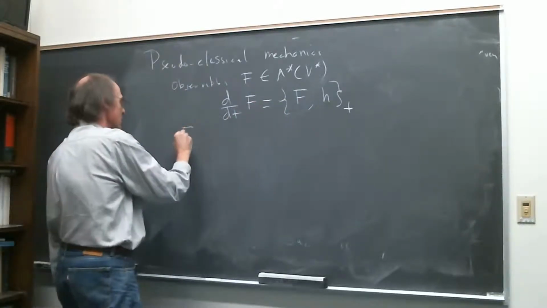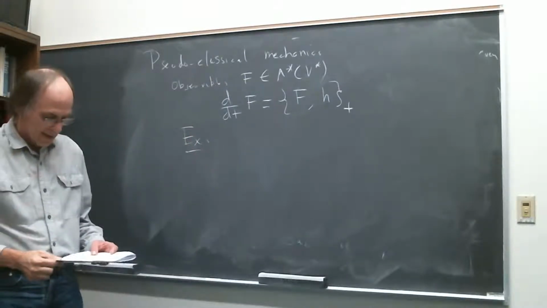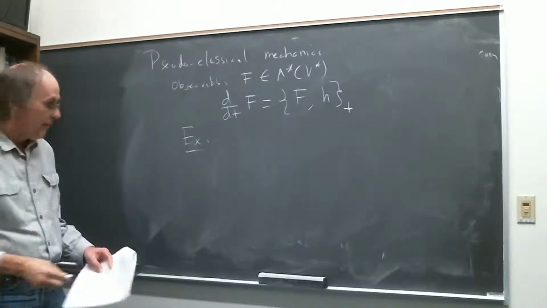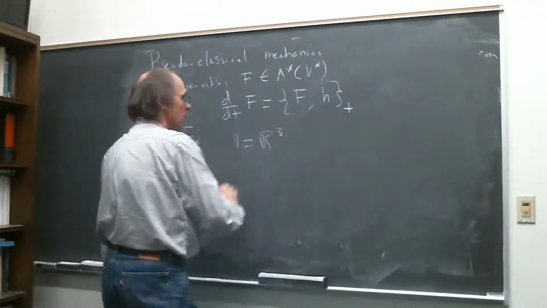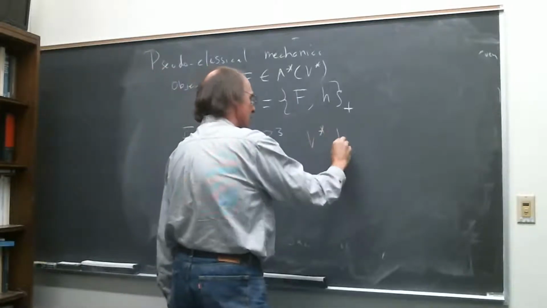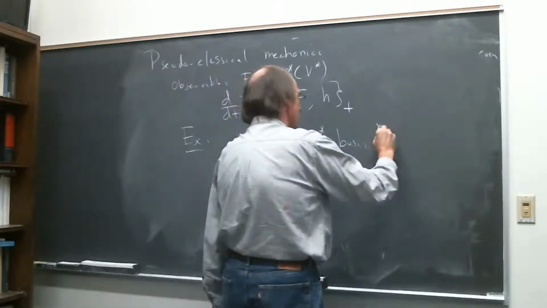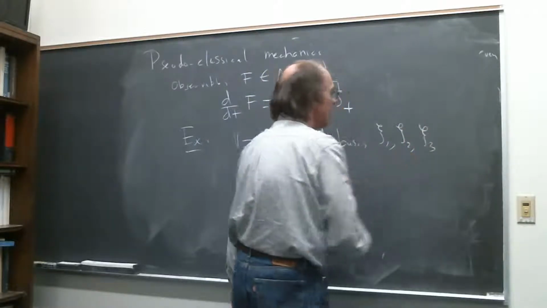The simplest example to think about, which I will leave you with, is to take V as R3. And so V star has a basis psi 1, psi 2, psi 3.